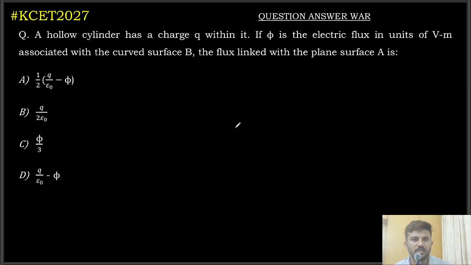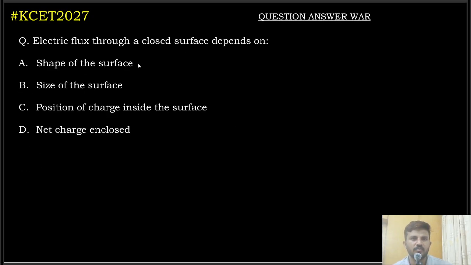This I have given in the synopsis. Next, electric flux through a closed surface depends on net charge. That is from Gauss law, because phi is equal to Q by epsilon naught, so option D is correct. What about shape? It doesn't depend for a closed surface. Size of the surface, no. Position of the charge, no.